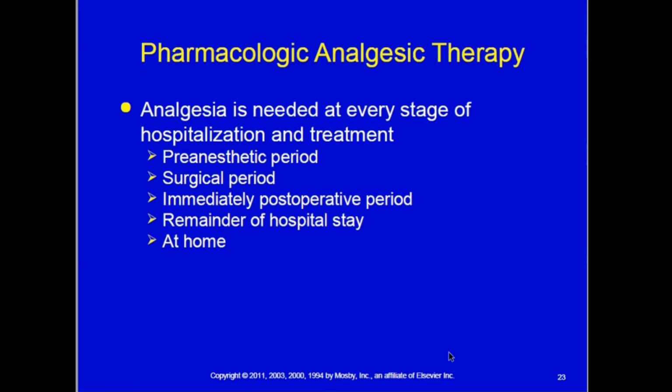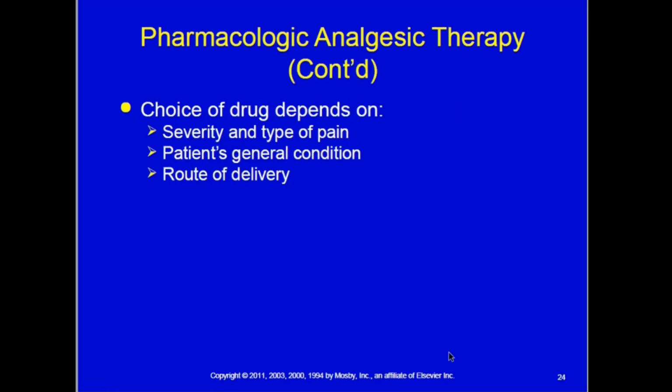These stages may be categorized as pre-anesthetic period, surgical period, immediately post-operative period, remainder of hospital stay, and after discharge at home. Choice of drugs depends on severity and type of pain, patient's general condition, and route of delivery.